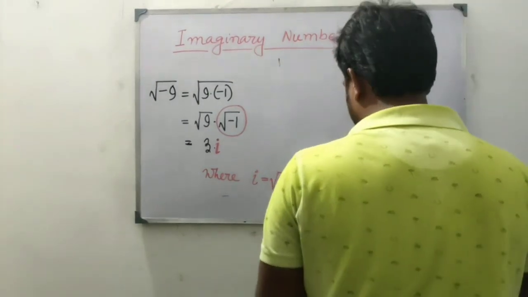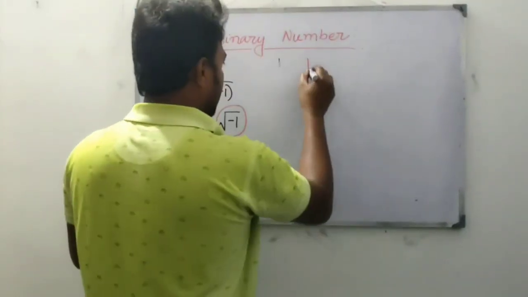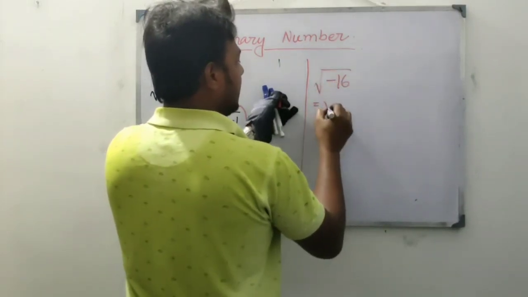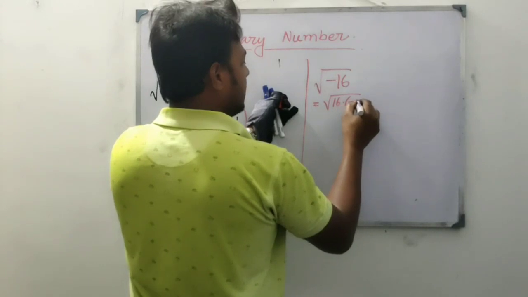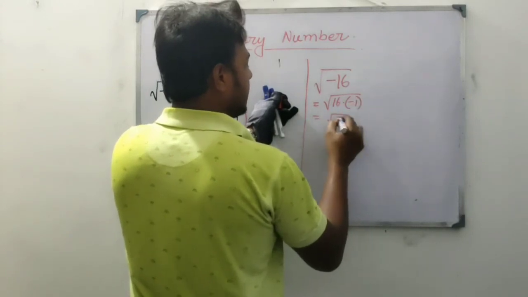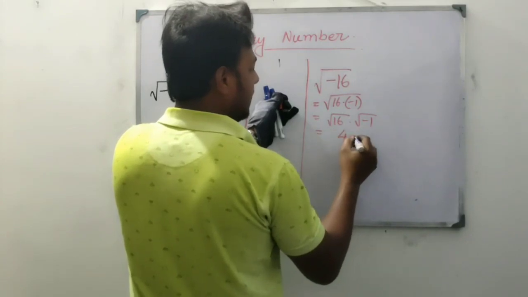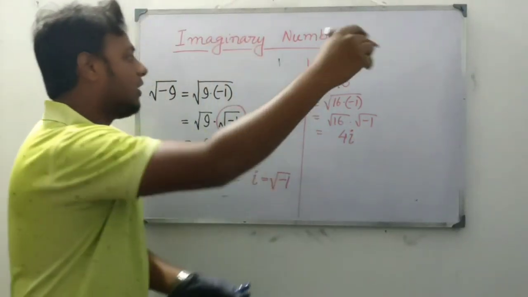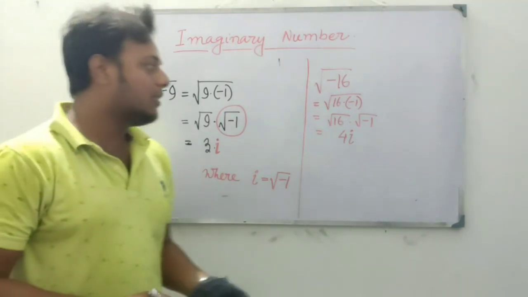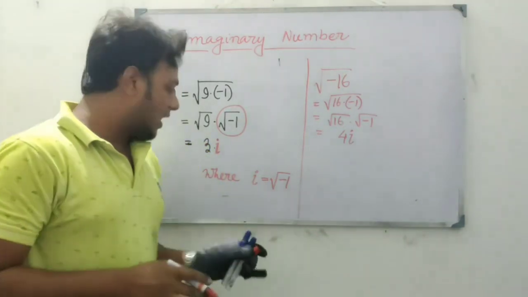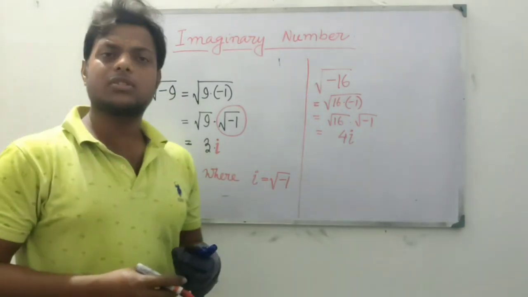Hope you get the idea. Minus 16 can be written as 16 into minus 1, which equals root over 16 into root over minus 1, equals 4 into i. So the value of root over minus 16 is 4i. And the whole world knows that i equals root over minus 1.